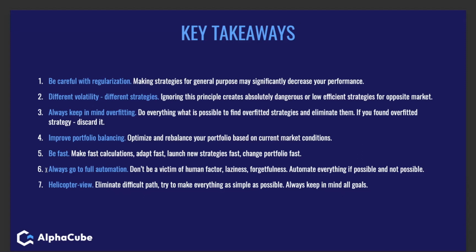If you're a long-term trader, you hold positions for a long period of time, and you will also have an issue with predicting such big trends. So drawdowns will probably be big.